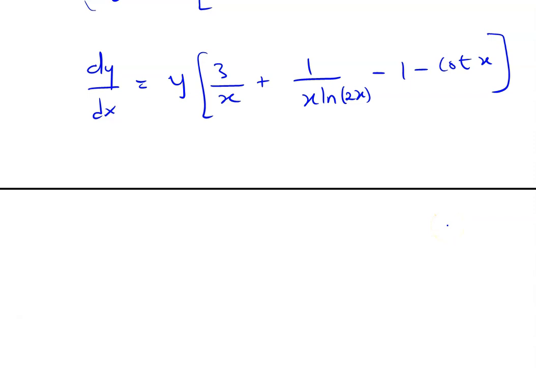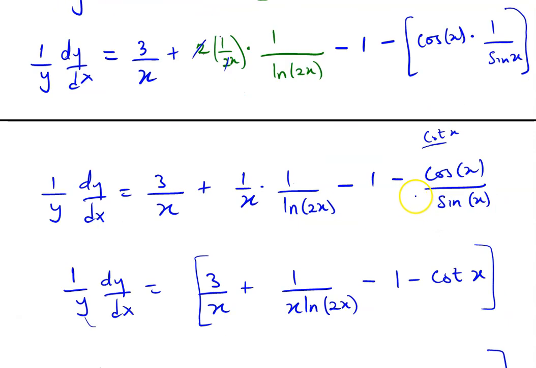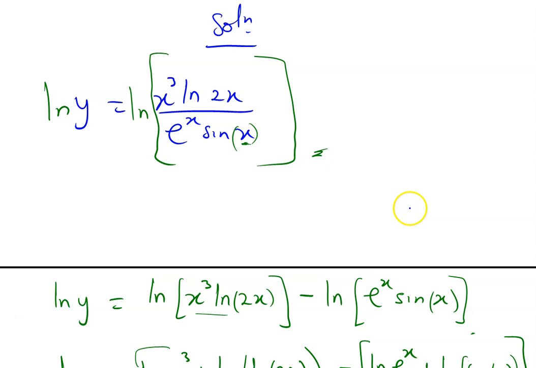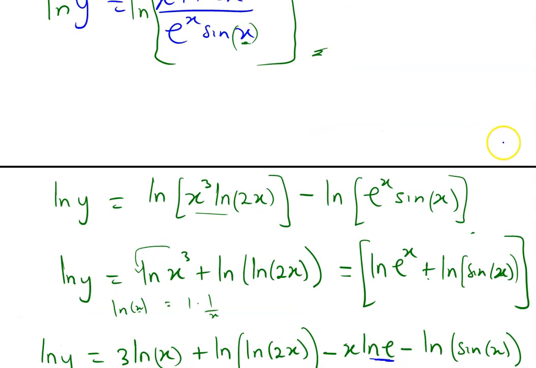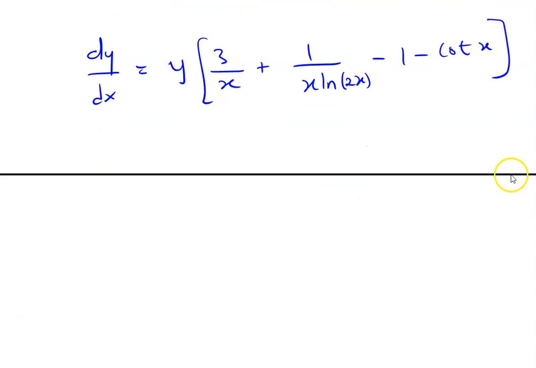Now, what was the value for y? What was the value for y? y was given to us as x cubed times 2x on e to the x sine x. We are going to substitute the y value there.